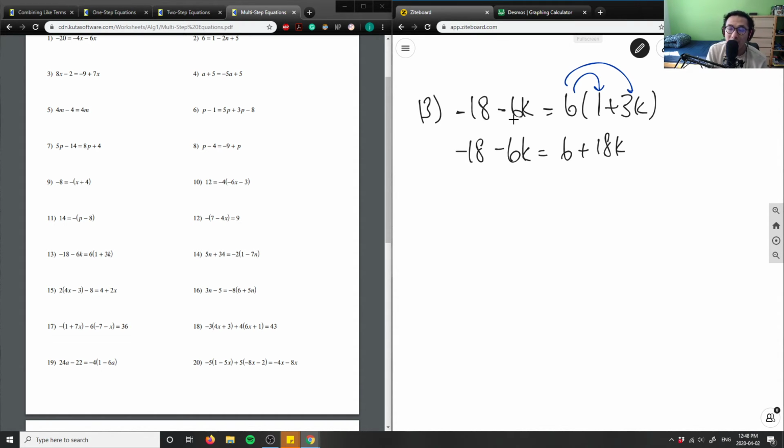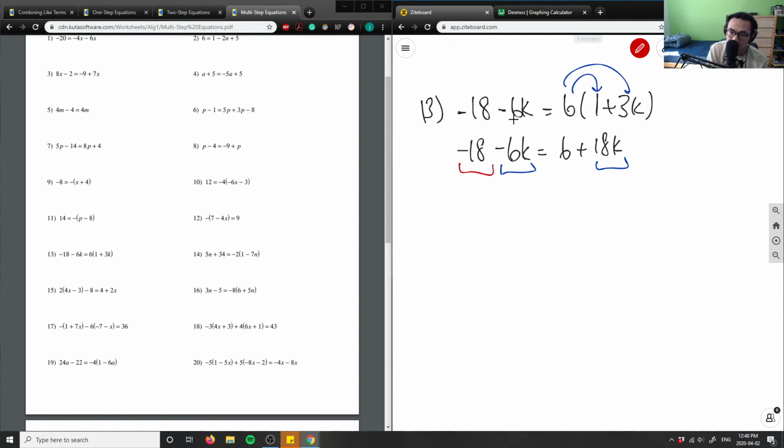So that's good. Now what we can do is we can gather like terms, right? And I'm going to see variables. I see -6k, and I see positive 18k, and I see these constants here that can also be gathered. So let's do the variables first. I'm going to put the variables to my left side in this case. So I'm going to move this 18k towards this side.